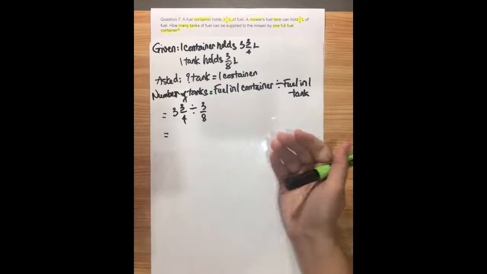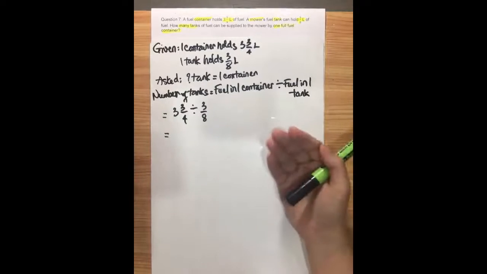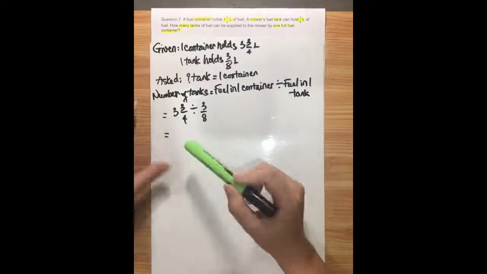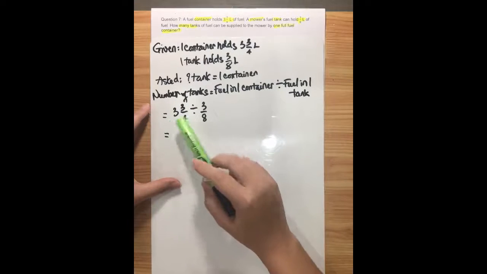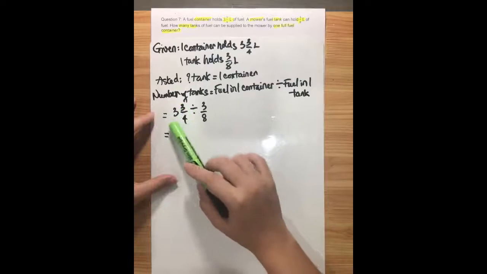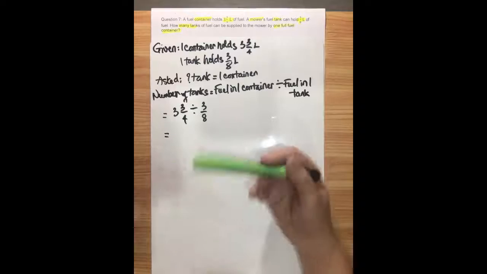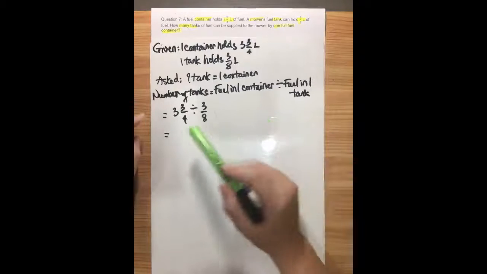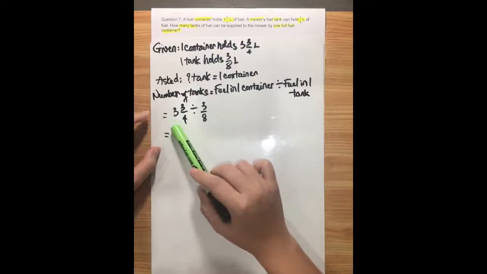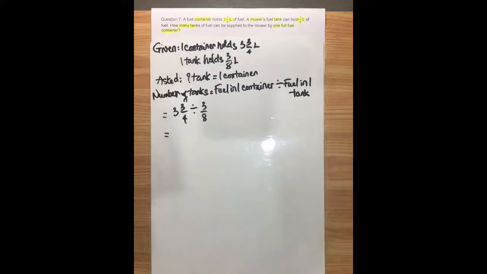But this is a very complicated operation because it includes mixed numbers and improper fractions. So it could be sensible for us to convert this mixed number into an improper fraction.